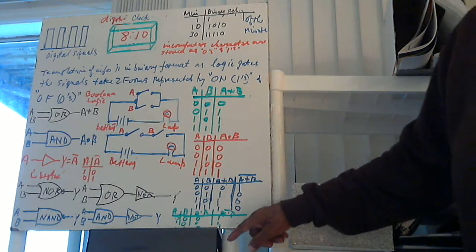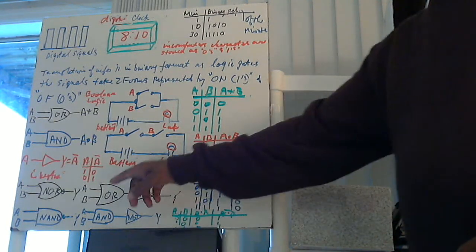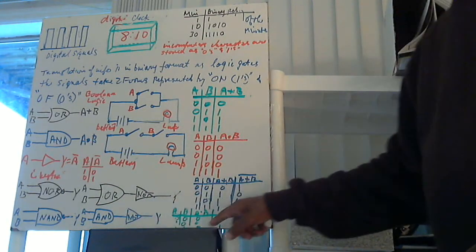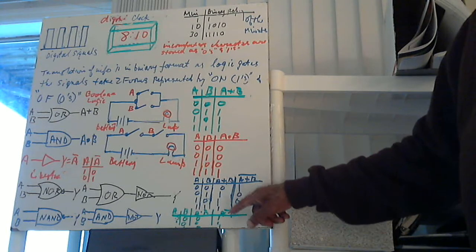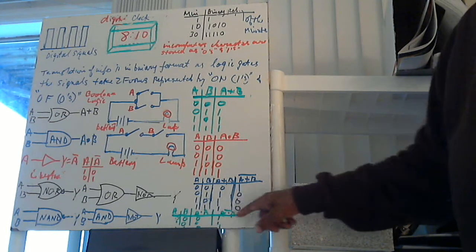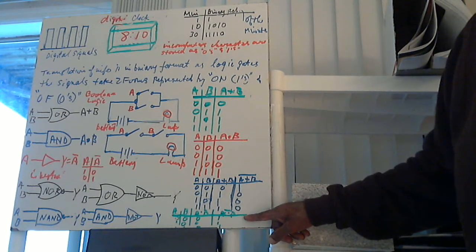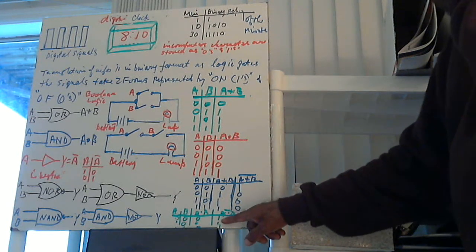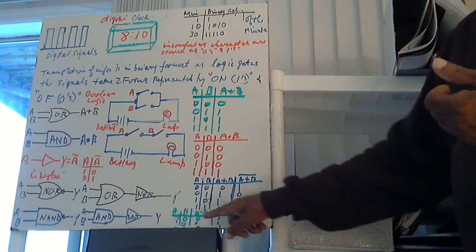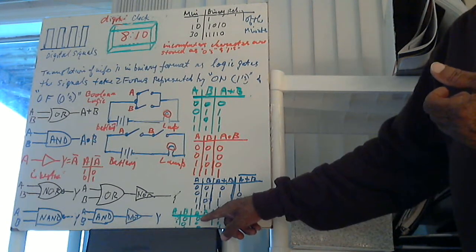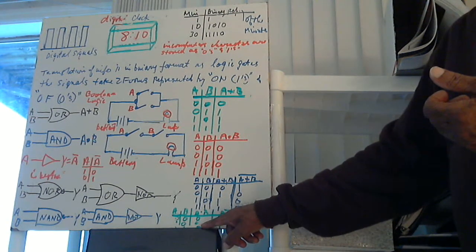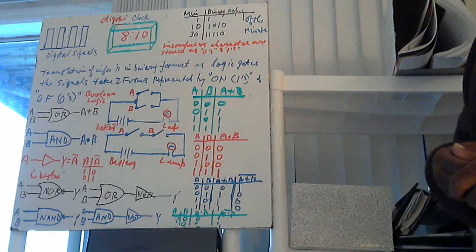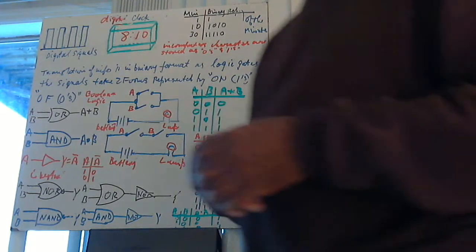Now, if you look at the NAND gate, since you line up the AND gate with the NOT gate, whenever the AND gate is on, the NAND gate turns it off. And because the AND gate is off in these three states here, the NAND gate turns it on. The last one, it turns it off.